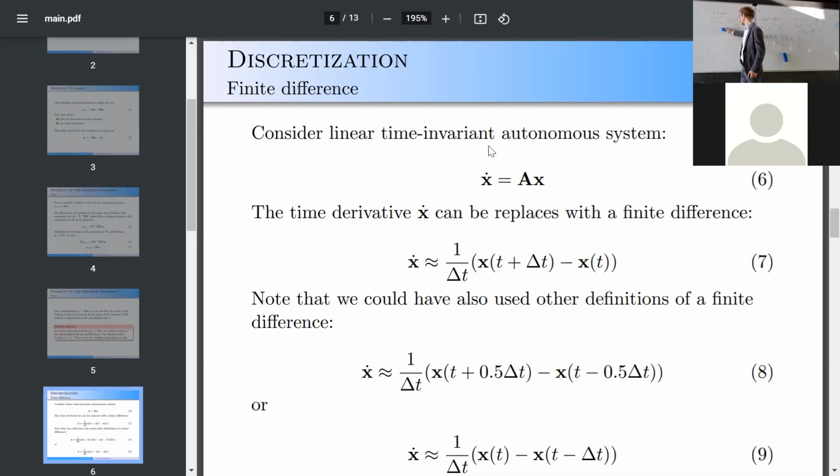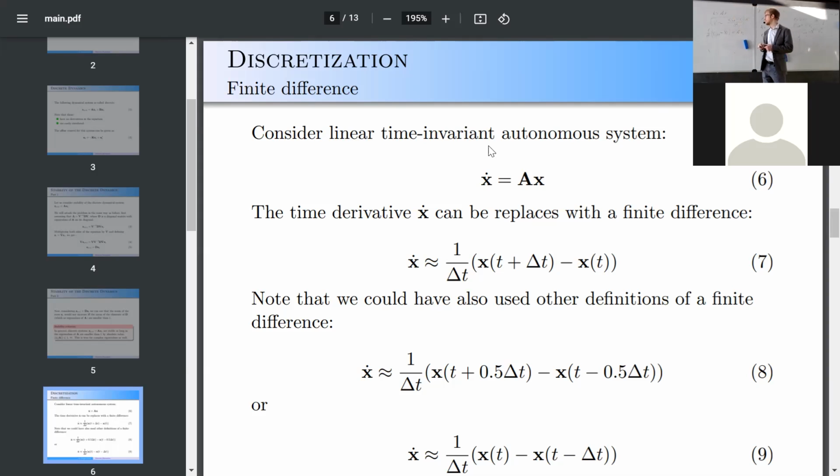So let's focus on this, and let's substitute into our equation here. So we will say that x sub i plus 1 minus x sub i, divided by dt, is equal to A x sub i.